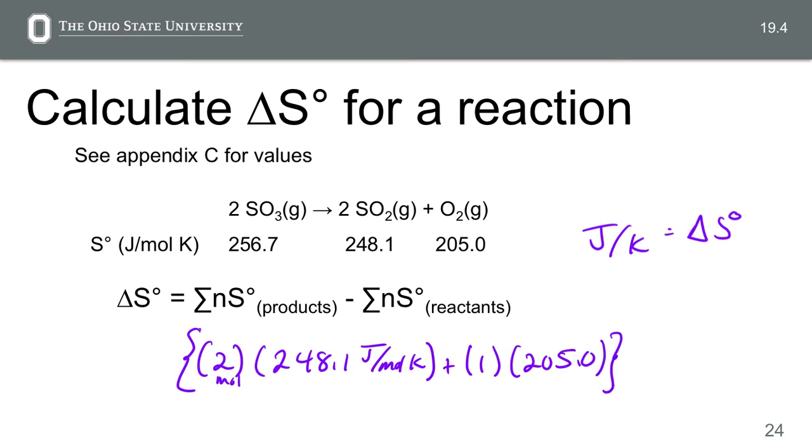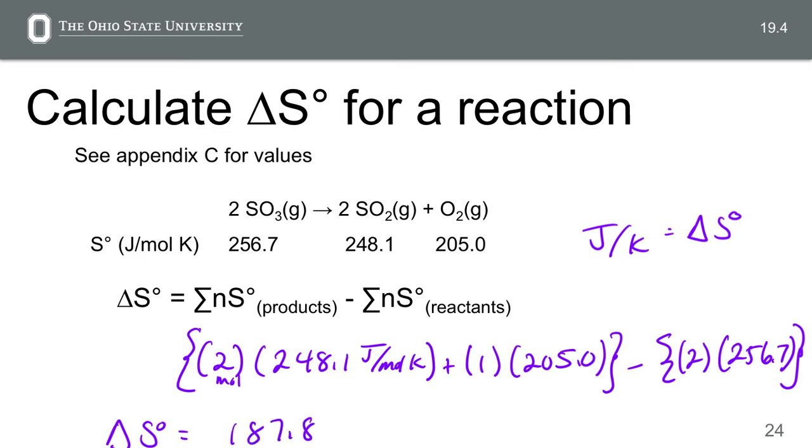All of that is summed, minus what we have for the reactant, which is 2 times 256.7. And we'll end up with a delta S of 187.8 joules per Kelvin.